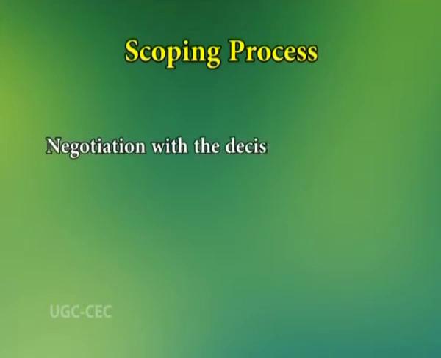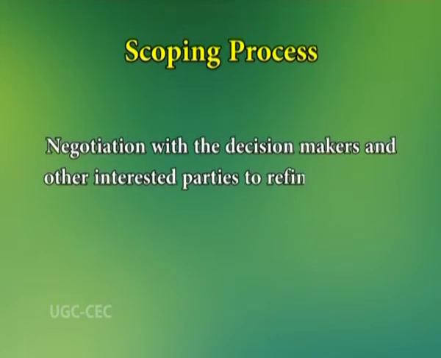And number 3. Negotiation with the decision makers and other interested parties to refine the scope of the EIA. There are a number of issues that are concerned within the scope of the majority of EIAs.